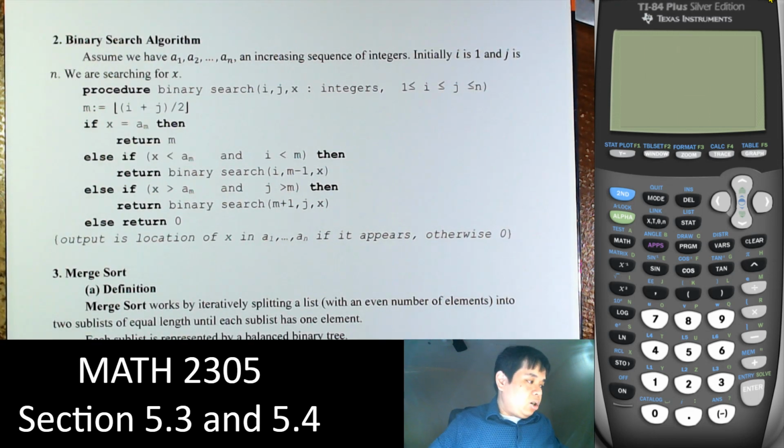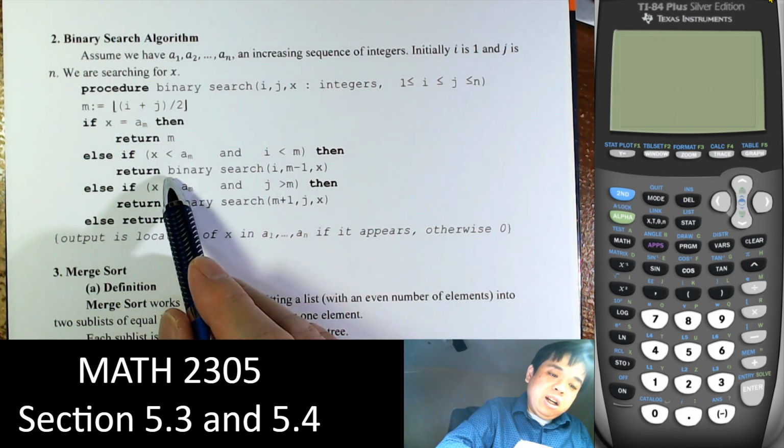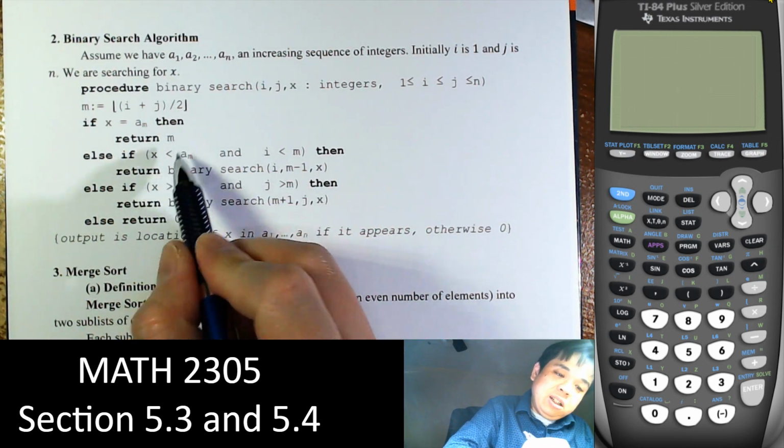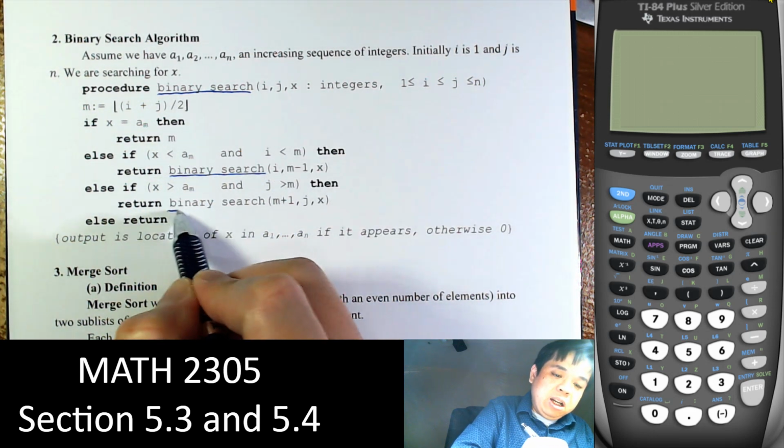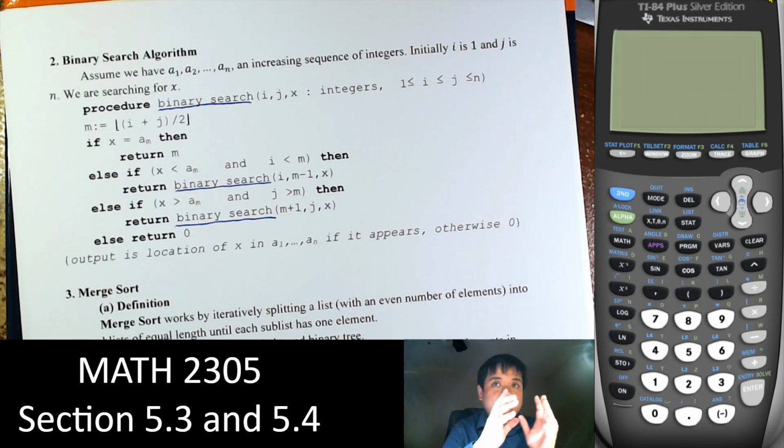Right. The binary search. We talked about binary search earlier, but this time we have a function that calls binary search recursively. So the program name is binary search. We'll call it on different cases. Remember, binary search is when we search for a value in a list.